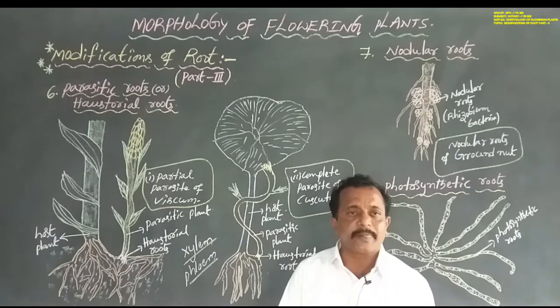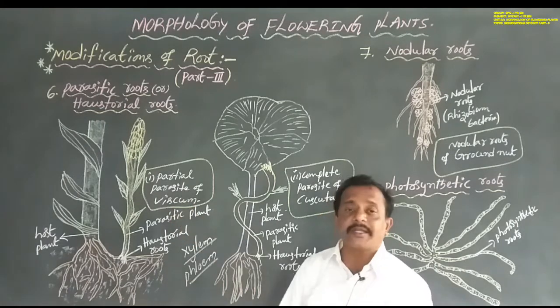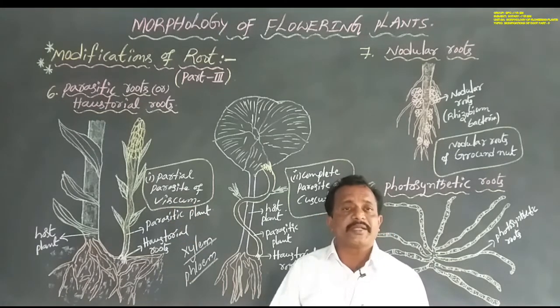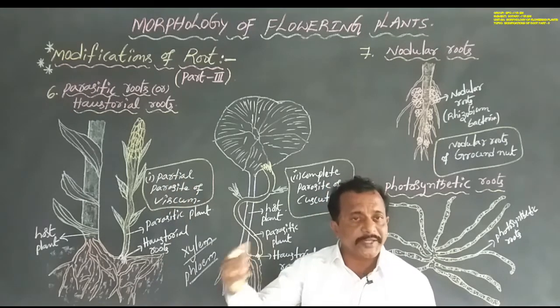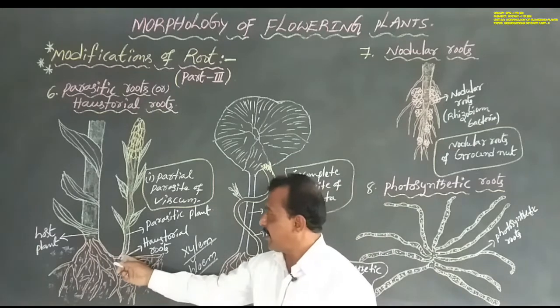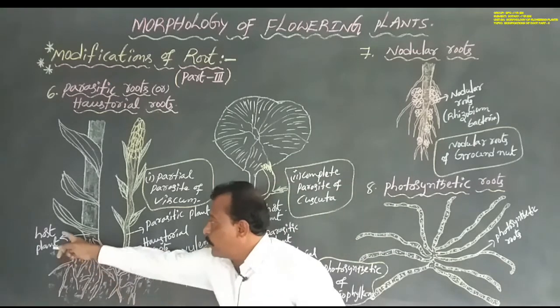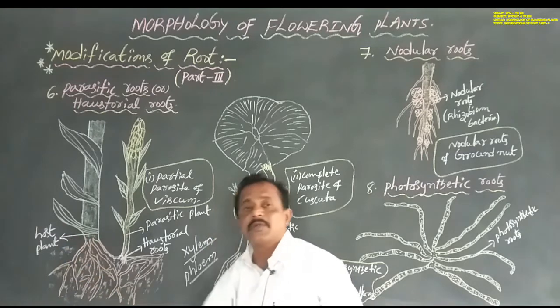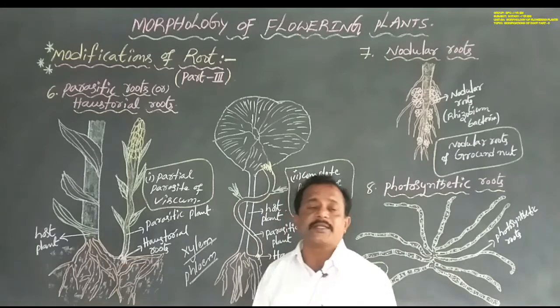So dear students, plants like Striga and Viscum are also called partial parasites. These partial parasites send haustorial roots into the xylem of the host plant for absorption of water and mineral nutrients.